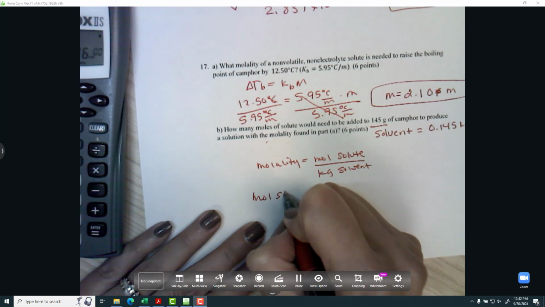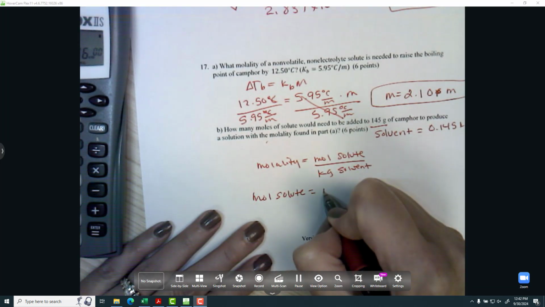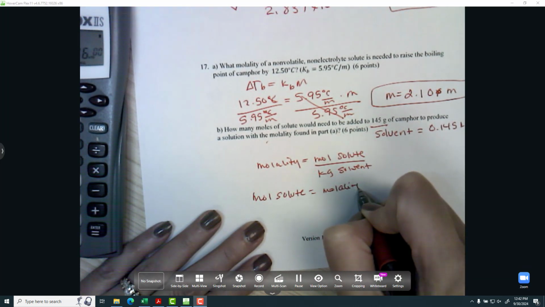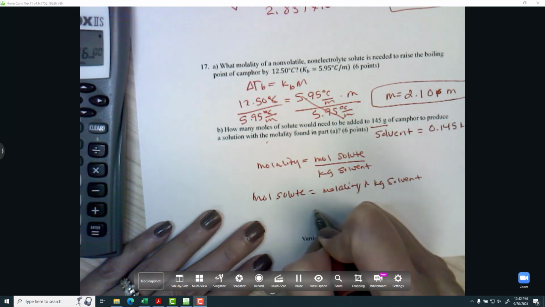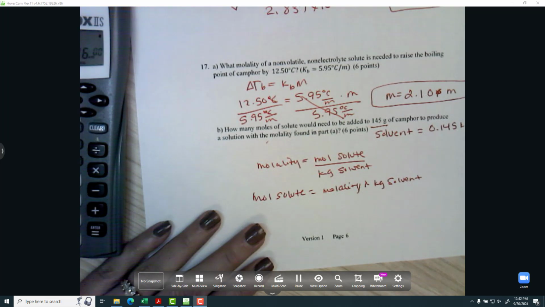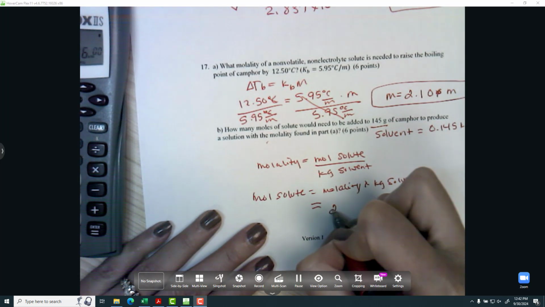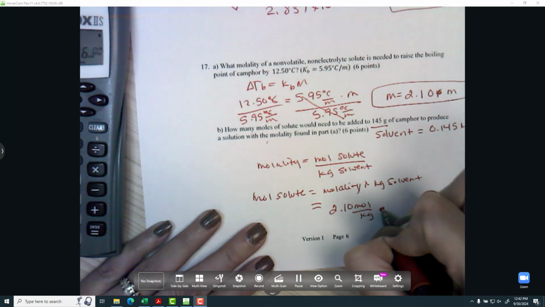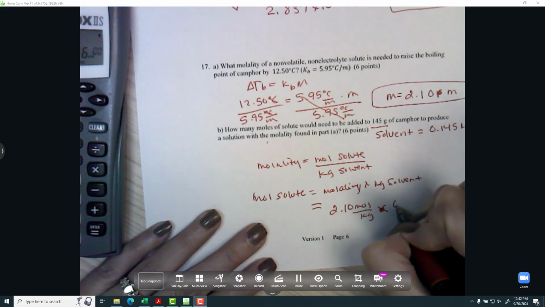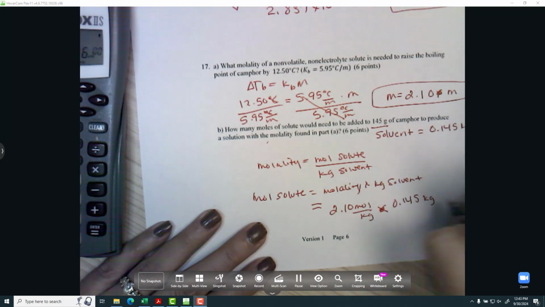So solving for moles of solute, I can just cross multiply and I get molality times kilograms of solvent. The molality I got in part A is 2.10. Remember that little m actually means moles on top, kilograms on the bottom. So times 0.145 kilograms, and I'll get moles.